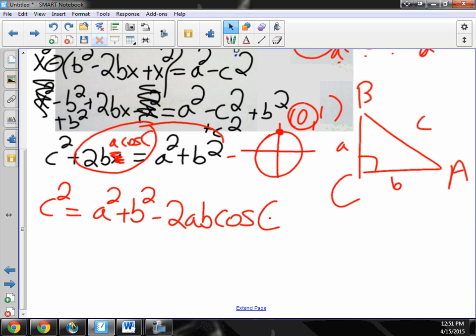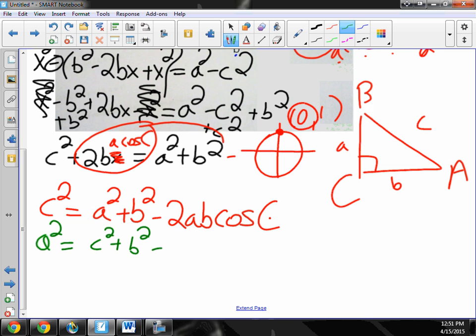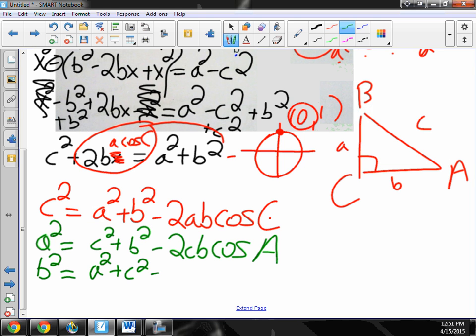Now, could I change this formula to another form? If I were to put a squared here, what would it look like? c squared plus b squared minus 2cb cosine of a. Good. Or the third version would be b squared equals a squared plus c squared minus 2ac times cosine of b.